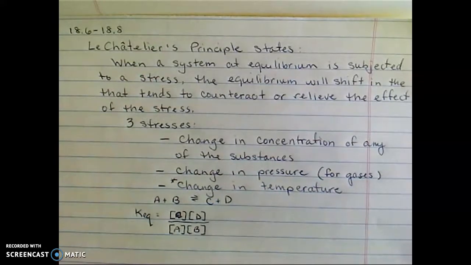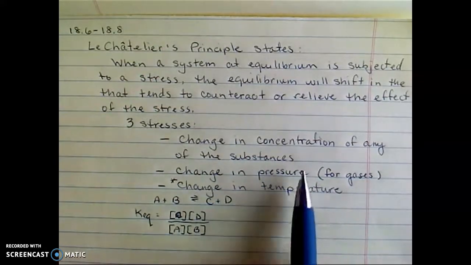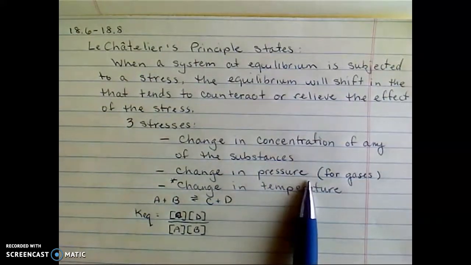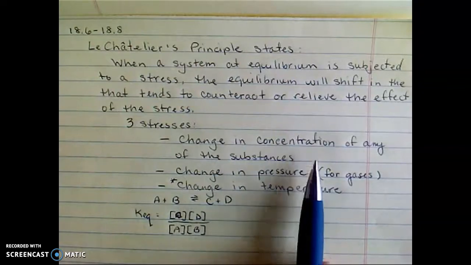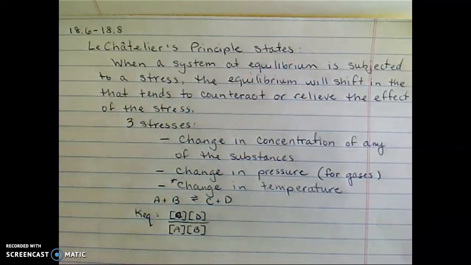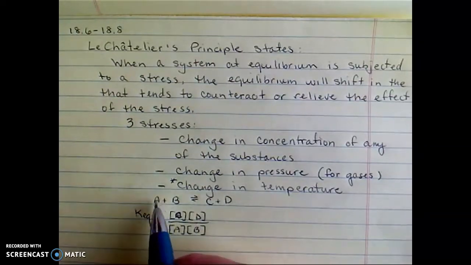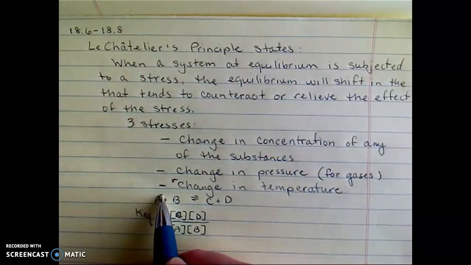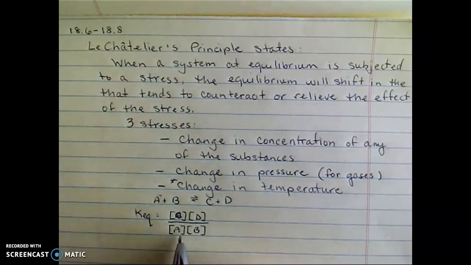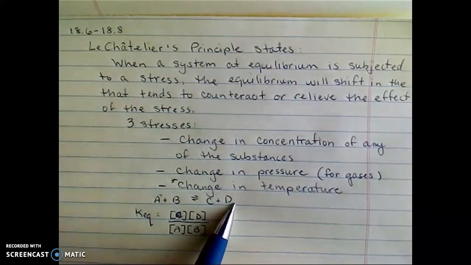So what's going to happen instead when one of these stresses, a pressure change or a concentration change, occurs on the system, it will temporarily shift the equilibrium, which means it's going to change your rates. For example, if you were to increase the amount of A that you put into this reaction, then suddenly it's going to shift to the right.